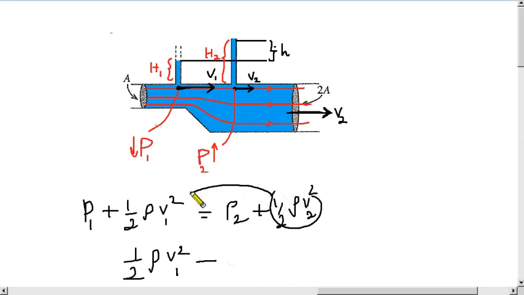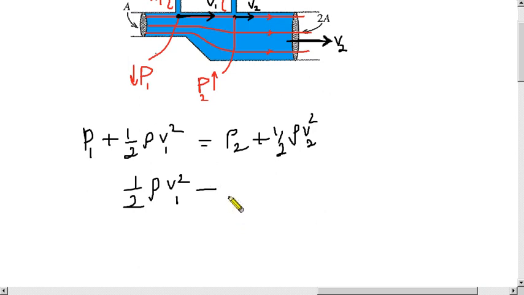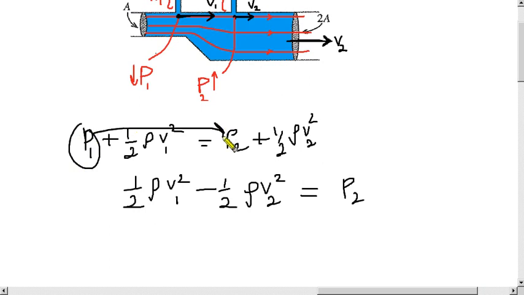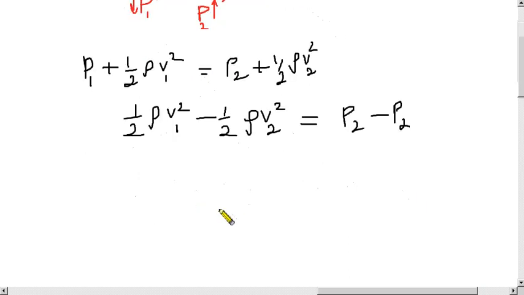We take this term to this side because we want to simplify this and find V. So this is the second step. We can do what we did previously in the same way: half we can take out, rho we can take out, and V1 squared minus V2 squared.